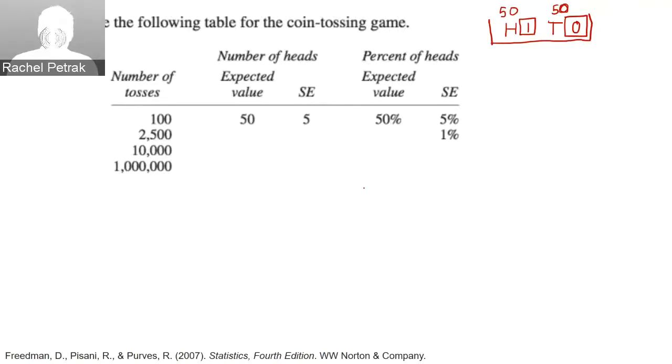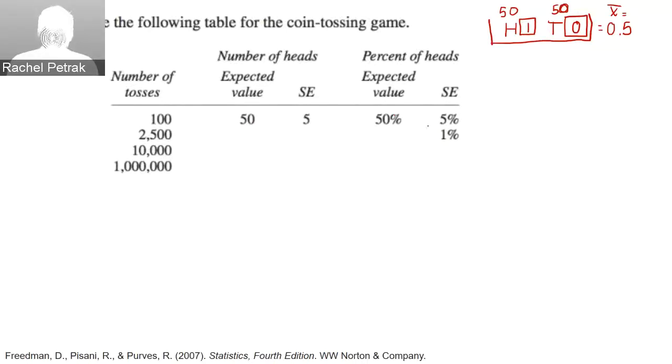Our expected value is the mean of the box times the number of draws. The mean of the box is 0.5. And the number of tosses is 100. So 0.5 times 100 gives us an expected value of 50.